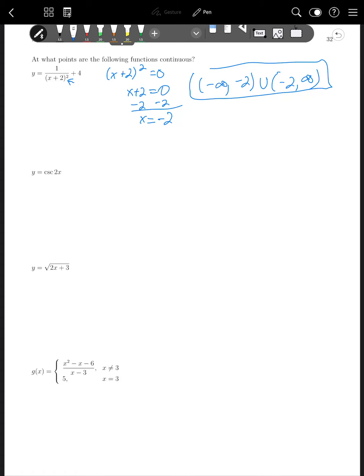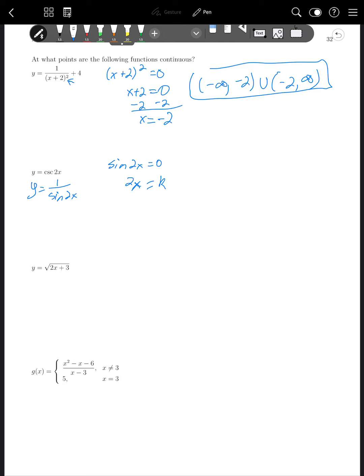Okay, this one, cosecant of 2x, well, that's just y equals 1 over sine of 2x, and so we can solve. So in this case, the problem is, well, the denominator can't be 0. So we set the denominator equal to 0, and we can solve. So that's sine of 2x equals 0. Now, when is sine equal to 0? Well, sine is equal to 0 at 0, and at pi, and at 2 pi, and at 3 pi, and at negative pi.